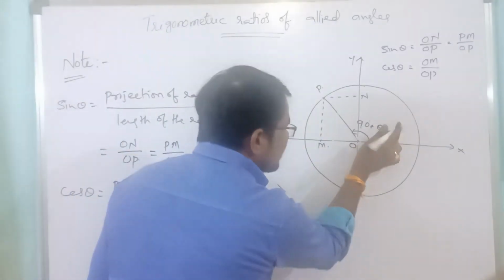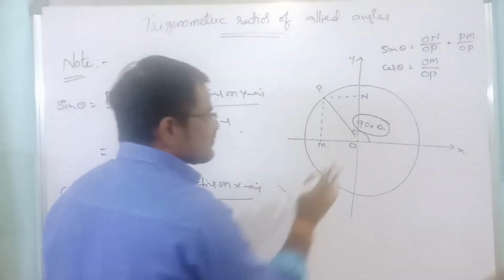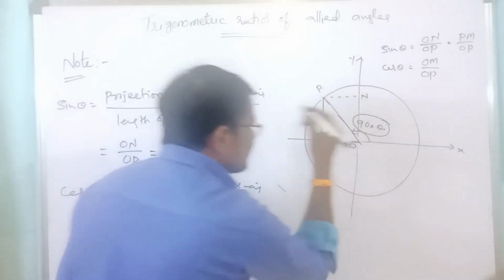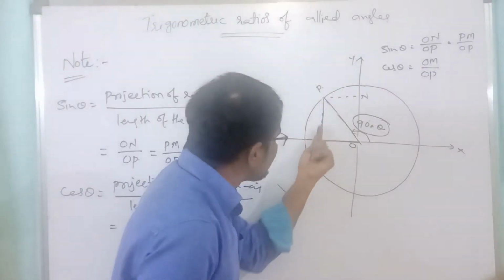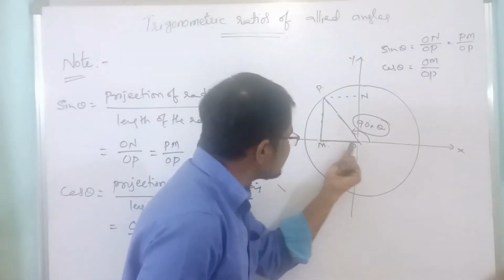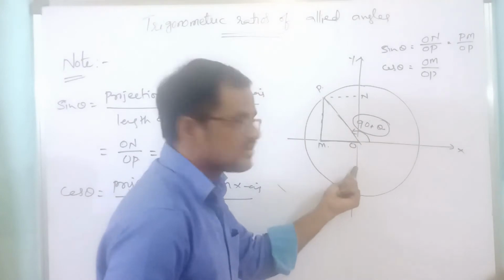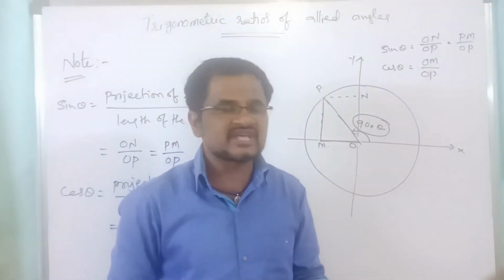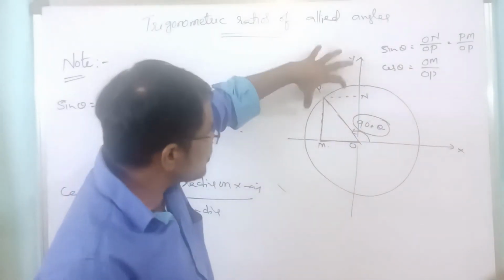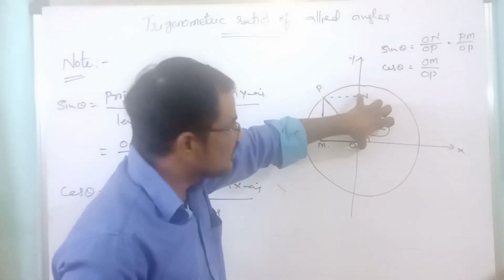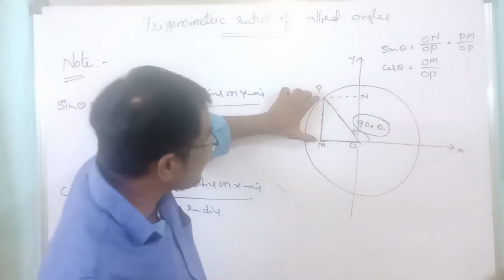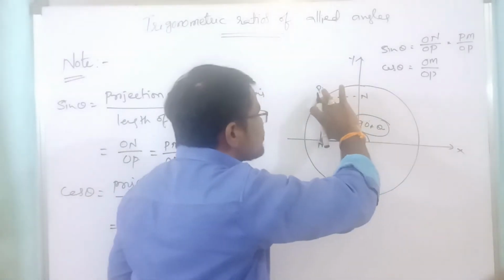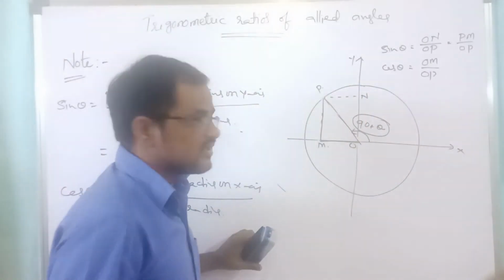If you take this as a right angle triangle, you can treat this as the opposite side, adjacent side and hypotenuse, because our original definition of sine in a circle is the projection of OP on the y-axis, and ON length is PM length. So for this angle, this is the opposite side, this is the adjacent side, this is the hypotenuse.